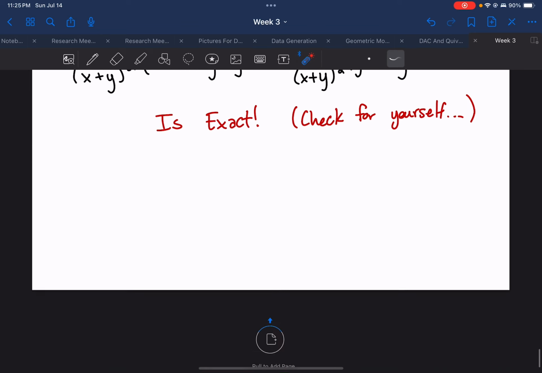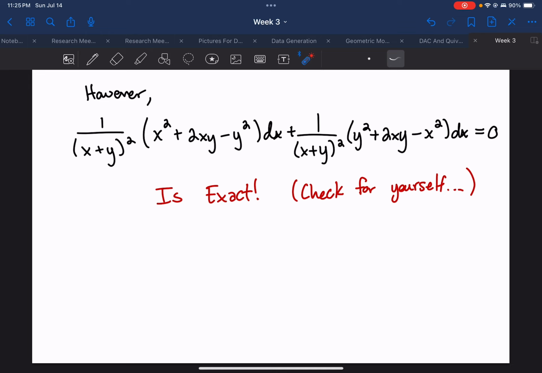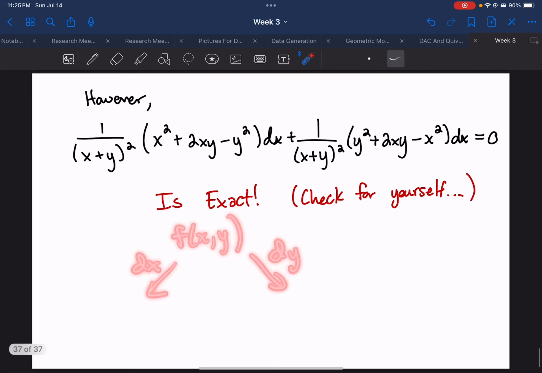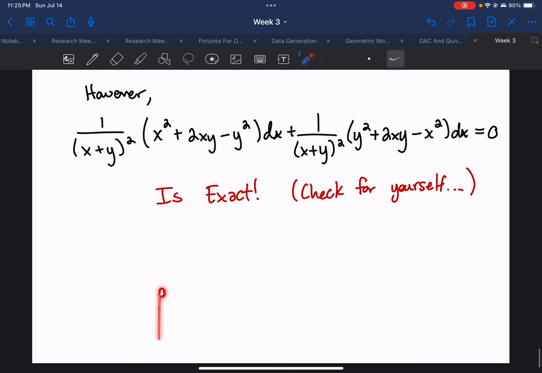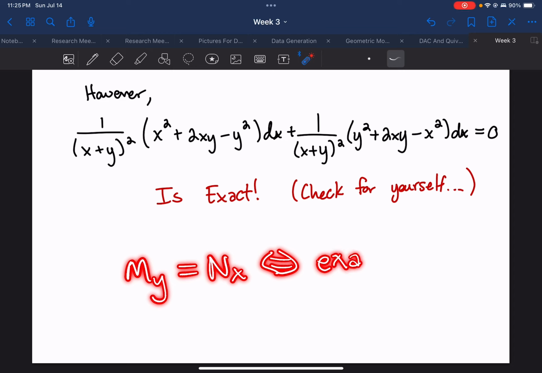Okay, so one more time. Let's talk about it. You have some function up here. In the dx direction you get m, and in the dy direction you get n. If m sub y is equal to n sub x, that implies that it's an exact equation.